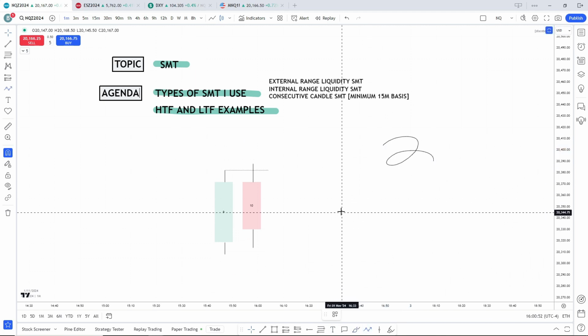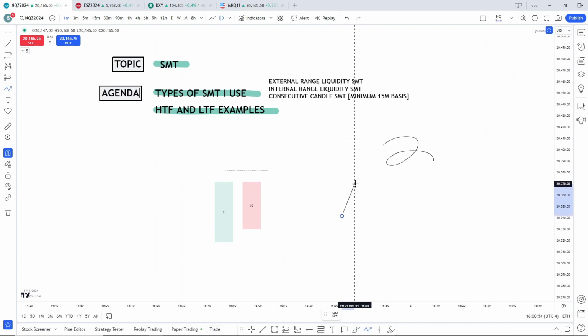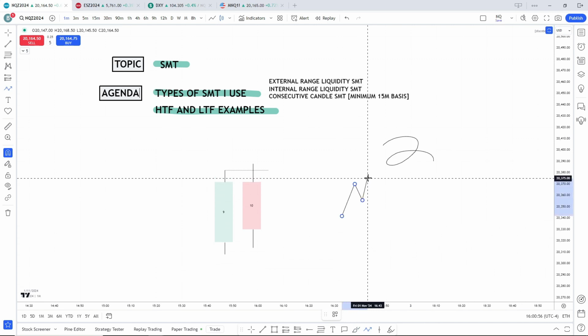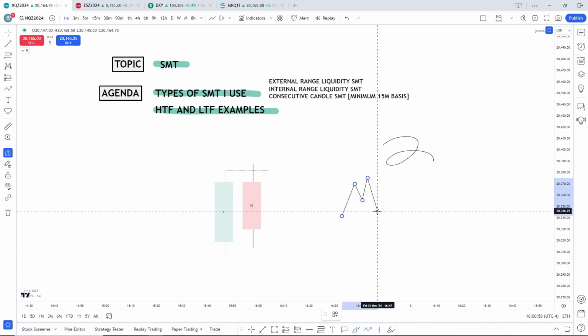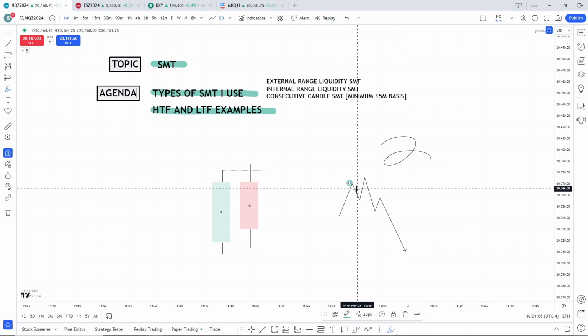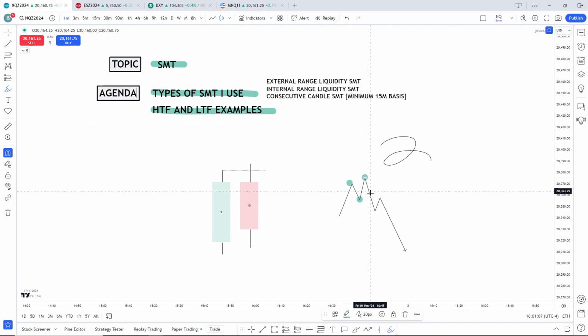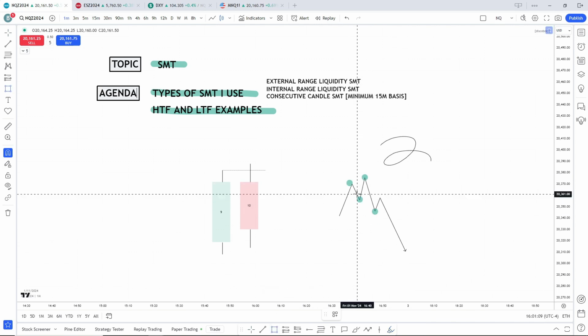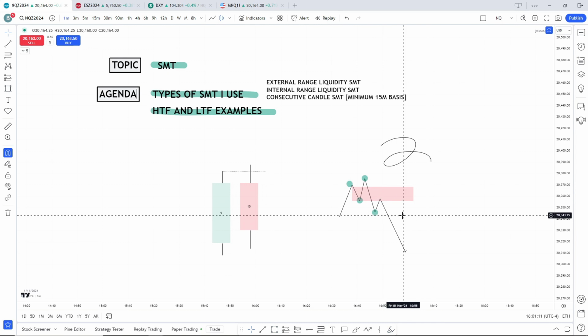You can have, for a bearish example, at highs, you will have a breaker formation in the series of a swing high, swing low, higher swing high, and a lower swing low, marking a breaker block.